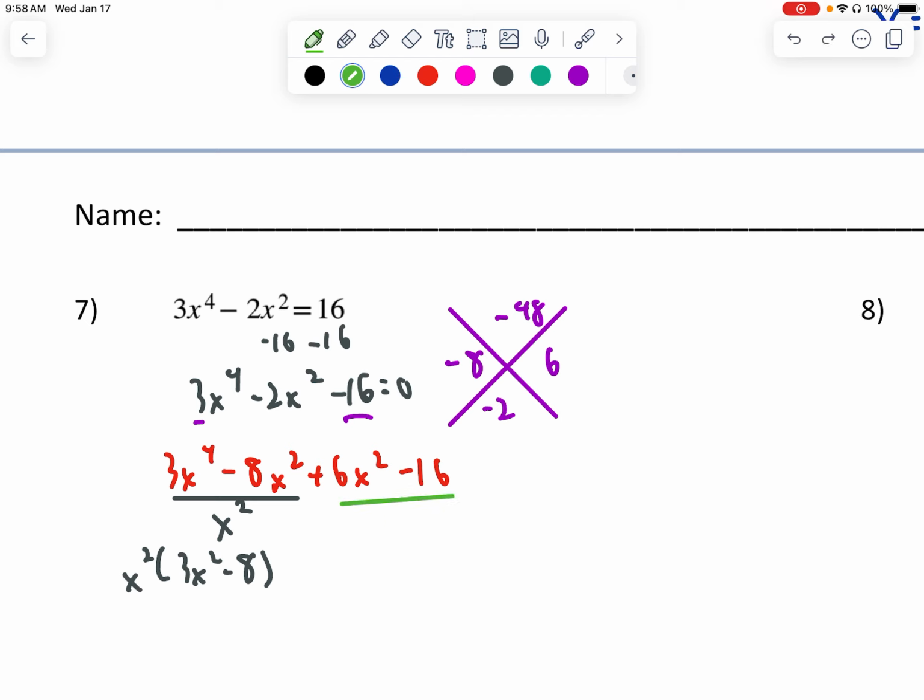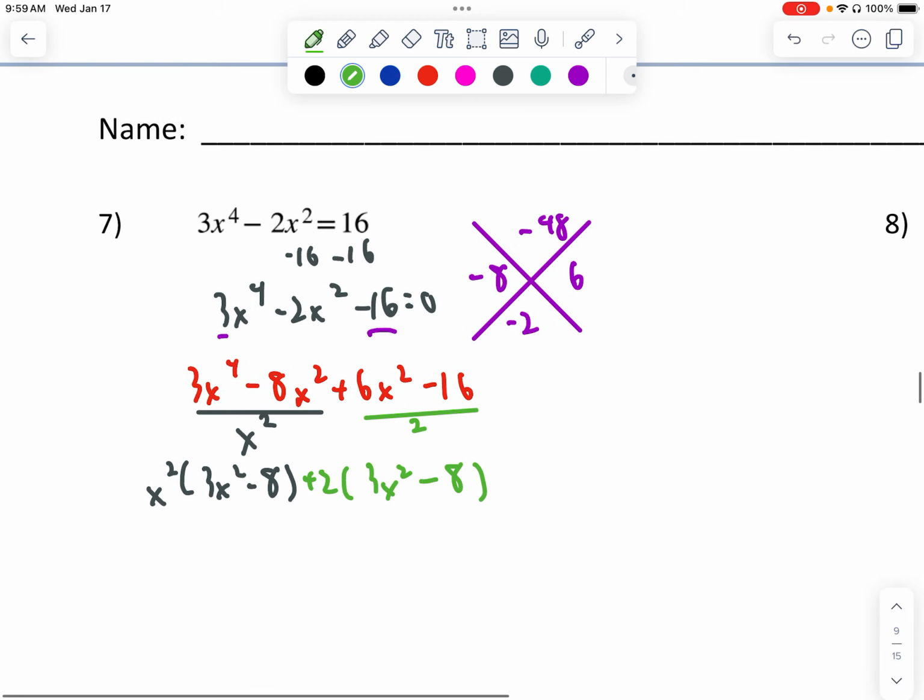No, not a 6. Let's see here. I can just factor out a 2. So that would give me, again, 3x squared minus 8. Our parentheses match up here, which is exactly what we're looking for, meaning that we're good to write this in factored form of x squared plus 2 and 3x squared minus 8.